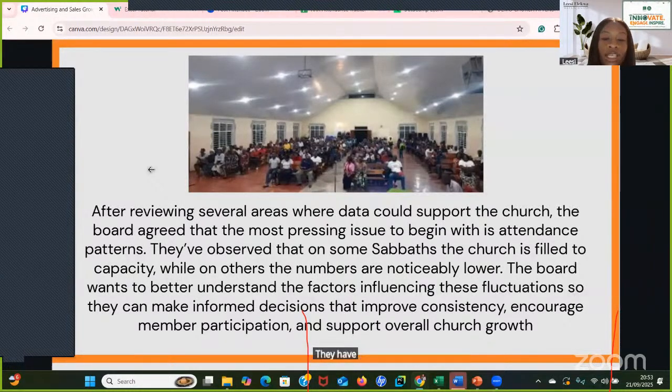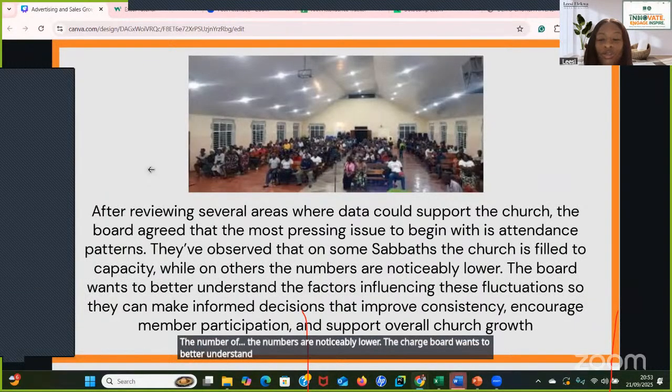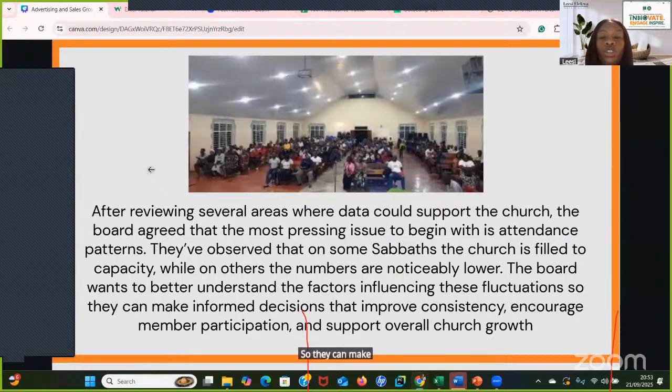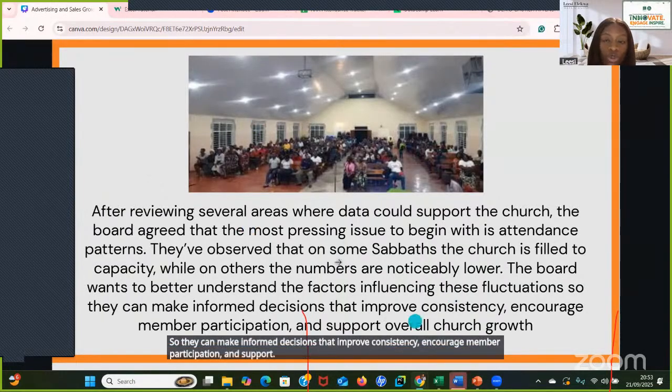They have observed that on some Sabbaths, the church is filled to capacity, while on others, the numbers are noticeably lower. The church board wants to better understand the factors that influence the fluctuations so they can make informed decisions that improve consistency, encourage member participation, and support overall church growth.